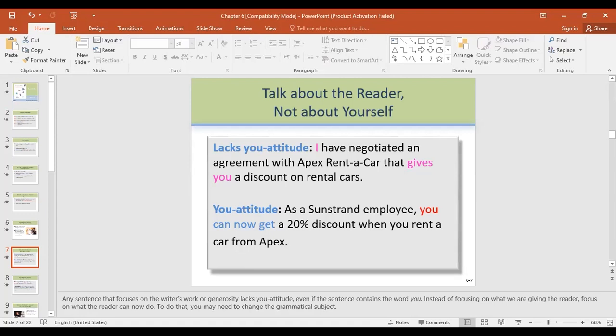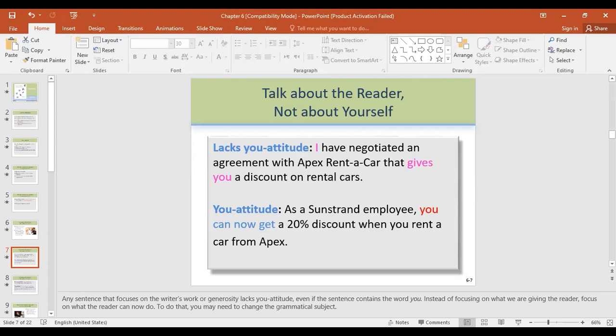Let's get started: I have negotiated an agreement with Apex Rent a Car that gives you a discount on rental cars. Do you see that, guys? I have negotiated an agreement with Apex Rent a Car that gives you a discount on rental cars.